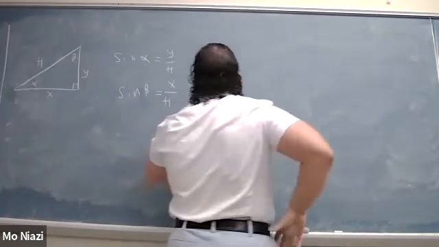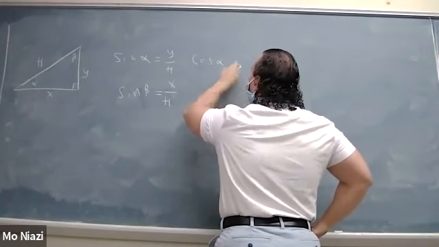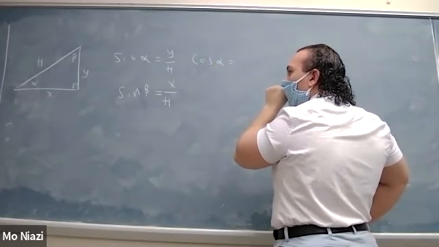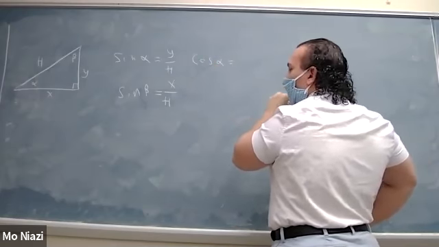So what's cosine of alpha? Say it out loud. Cosine is what? So what is the adjacent leg to the angle alpha? Yes. So it's x over what?